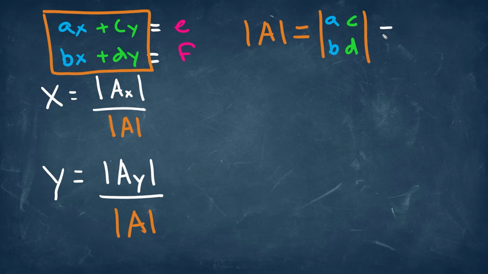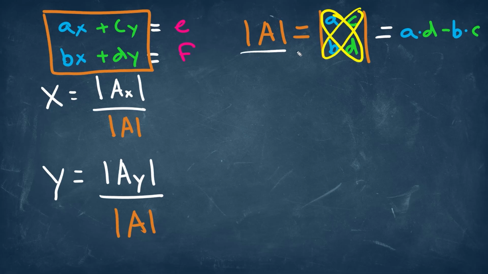Now remember that a determinant for a 2x2 is a multiplication of these two variables minus the multiplication of these two variables. And if we want to rewrite that, it would be a times d minus b times c. And again, for all 2x2 matrices, it's a multiplication of AD minus BC.